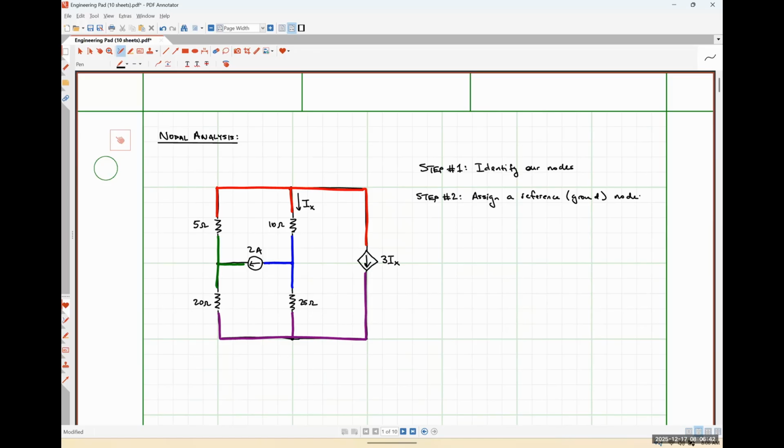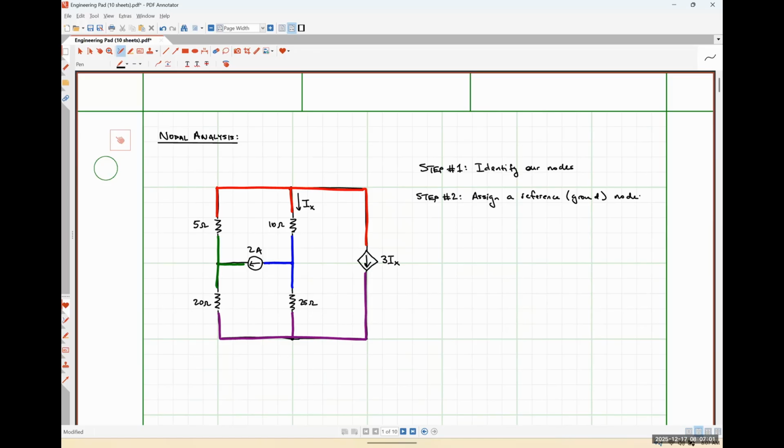Okay. So typically speaking, in a circuit like this where there aren't any voltage sources, so we only have elements and current sources, I would assign the ground or reference node at whichever node is touching the largest number of elements.